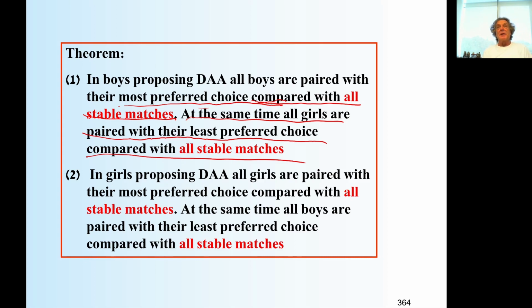And when boys are active and they are proposing, and the girls are passive, boys get the best, girls get the worst. And the opposite: if the girls are proposing, they take initiative, they are active, they get the best, and all the boys get the worst, all the girls get the best.